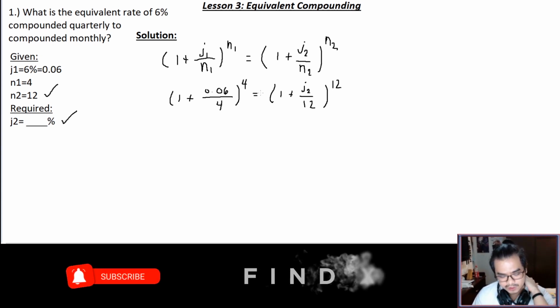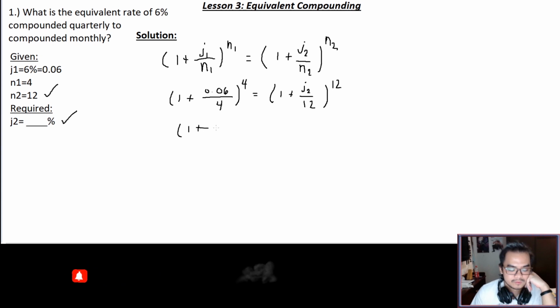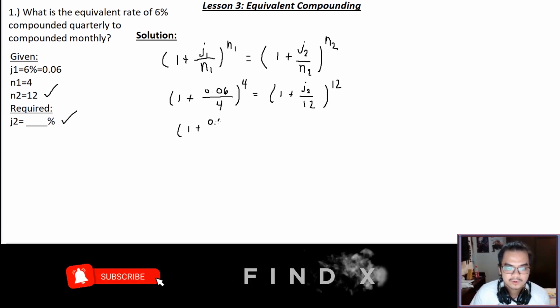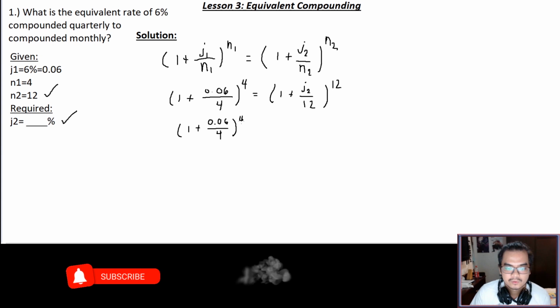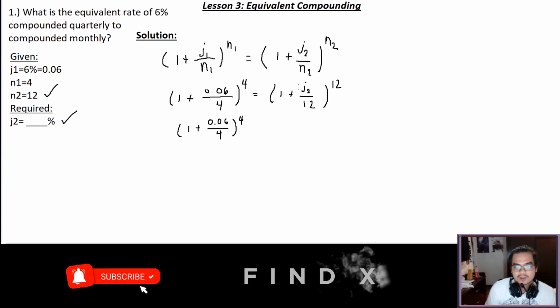So finding the value for J2, we can just use algebra. So this will become 1 plus 0.06 over 4 raised to 4. What will happen to 12? We have to eliminate this 12 here, right? We can raise both sides by 1 over 12, right?